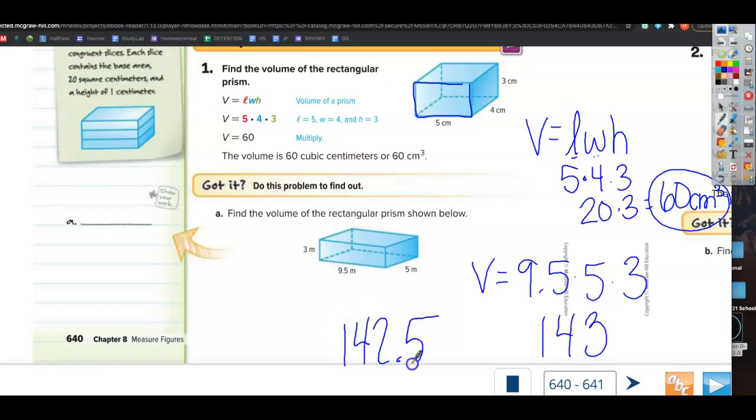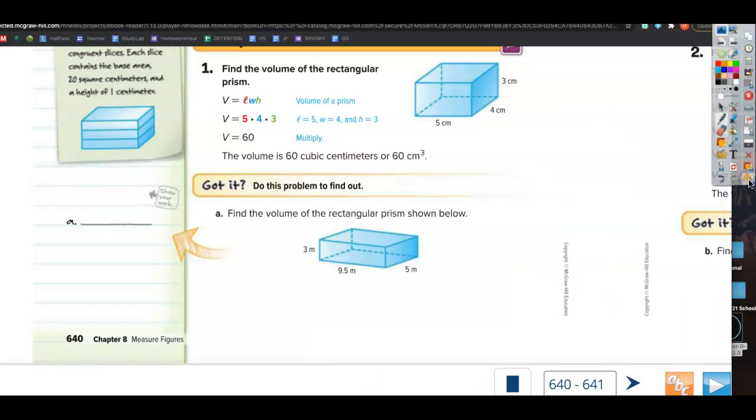I would leave it to the nearest tenth because that's typically where we've been rounding. And what would we label it? Meters cubed. You're figuring out how many cubes can fit on the inside. If it's 3D, put a 3. If it's 2D, put a 2. Not always. It depends on what you're solving for. Okay, that's just how I'm going to remember it.